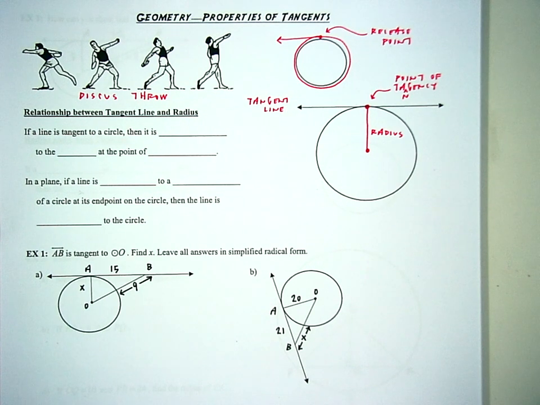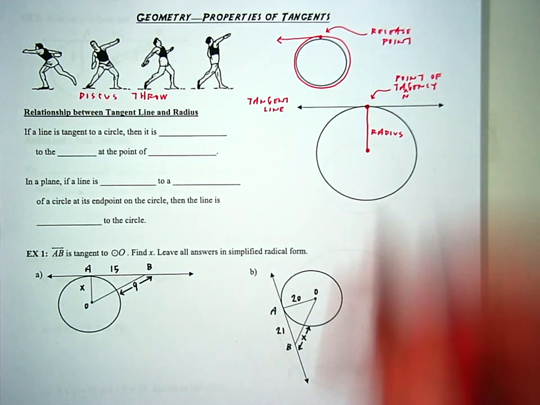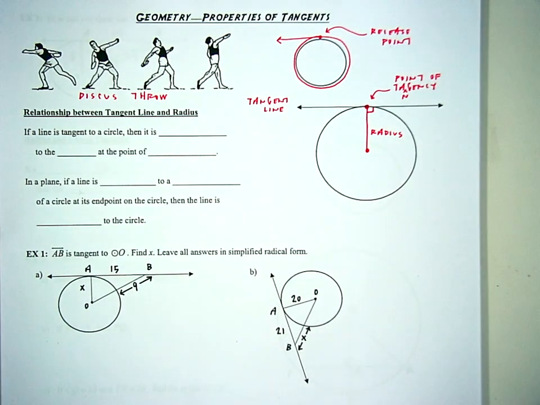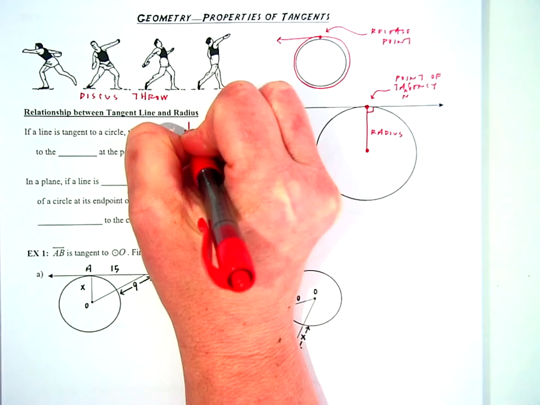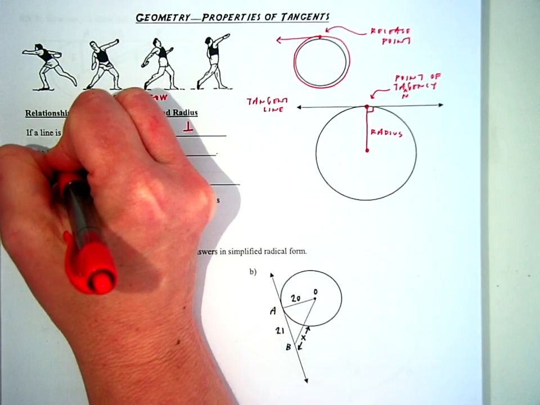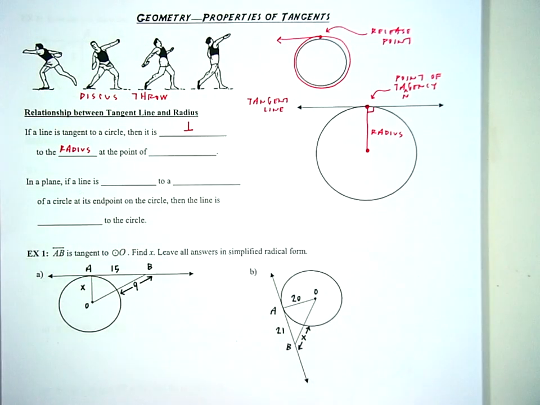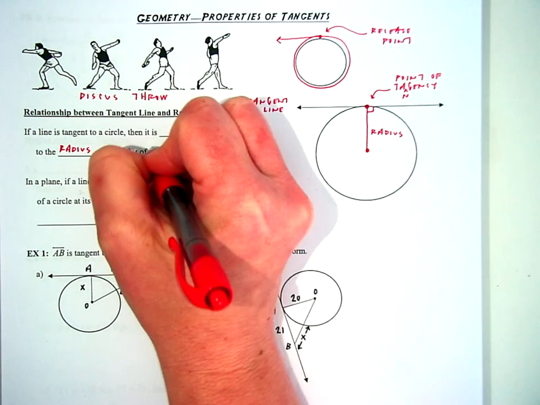And most people are able to see what the relationship is going to be. We're going to see that the radius and the tangent line are perpendicular at that point of tangency. So if a line is tangent to a circle, then it is perpendicular to the radius at the point of tangency.